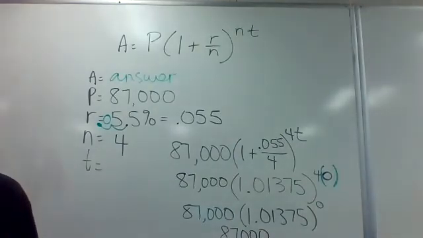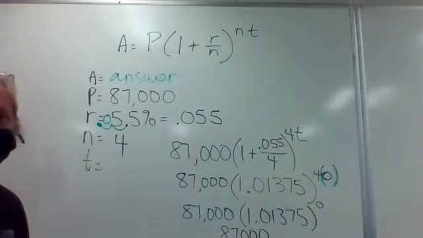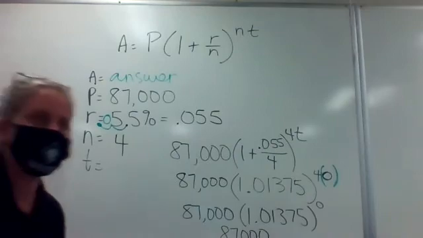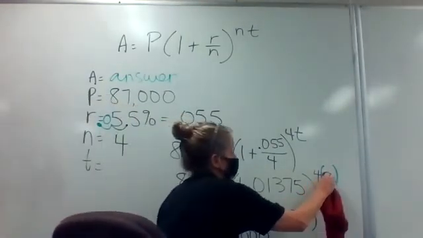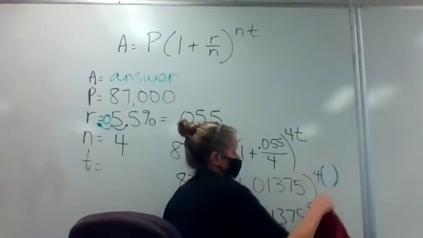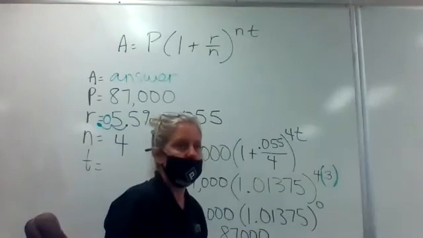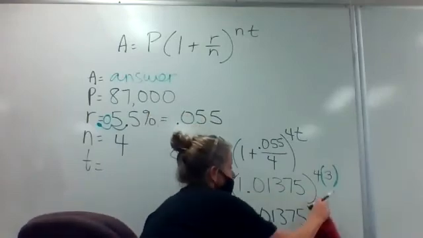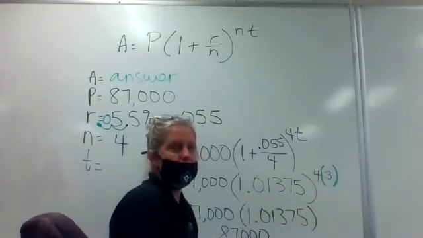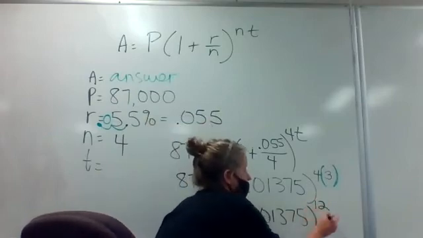Then the next one says, what about after 3 years? So again, what's changing? This T right here is changing to a 3, which means the exponent now changes to a 12.